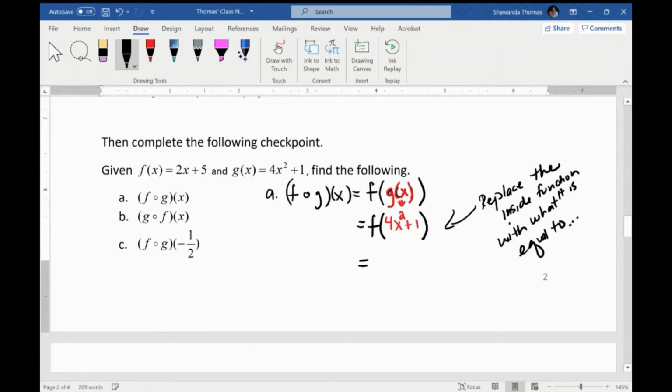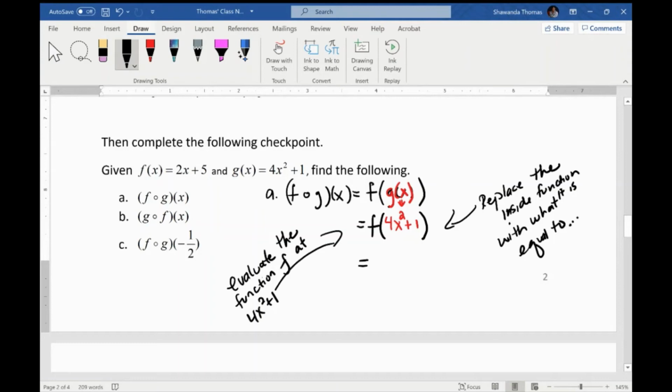Then we need to think about, what does this mean? F of something. What are we supposed to be doing if we had f of something? So what we're supposed to be doing is evaluate the function f at 4x squared plus 1.